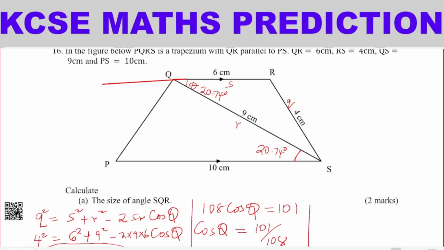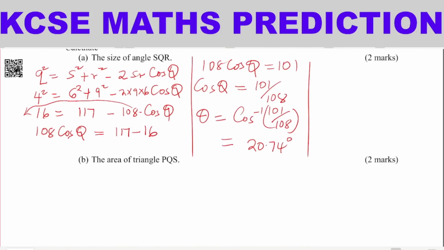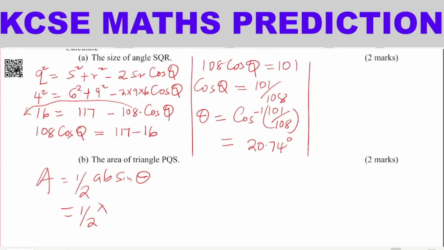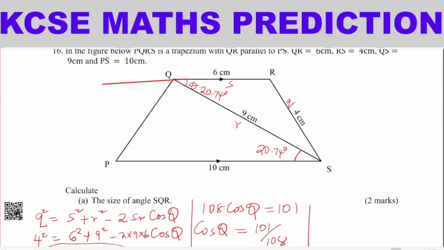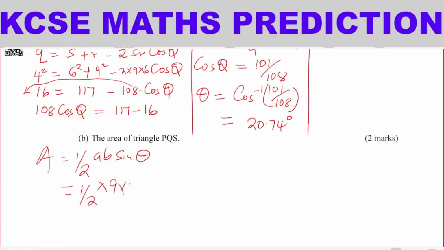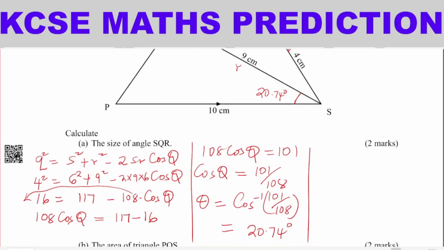Now having that, look at triangle PQS now. You have two sides and an included angle. So there's an included angle there. So you use this formula, a half AB sine theta. So area is equals to a half AB sine theta, and this will be a half times the two sides given between the angle, 9 times 10 times sine of 20.74.